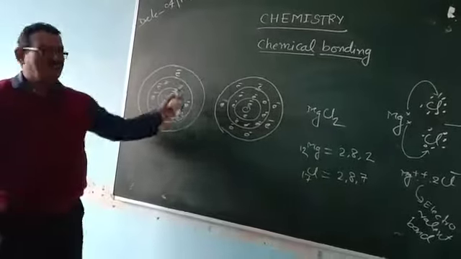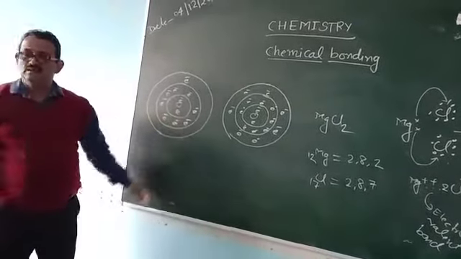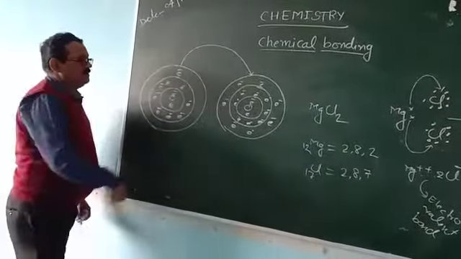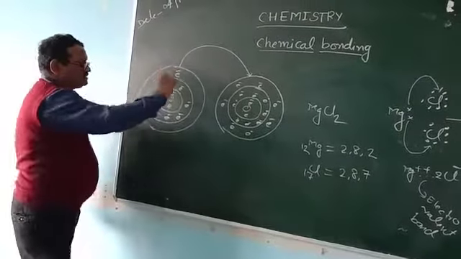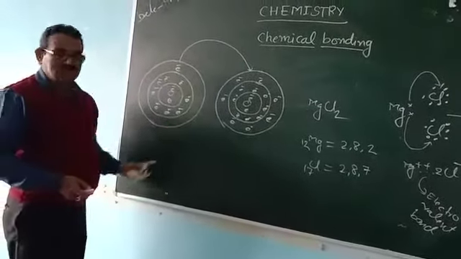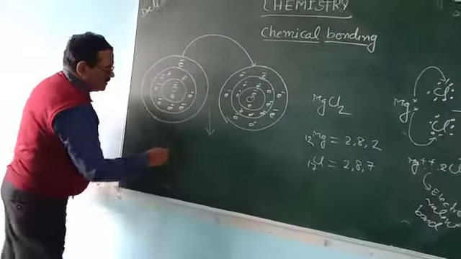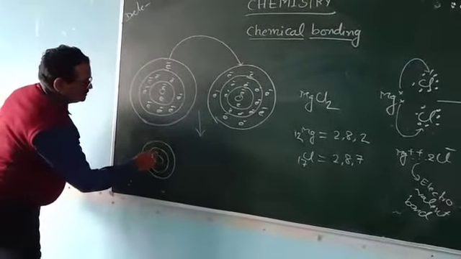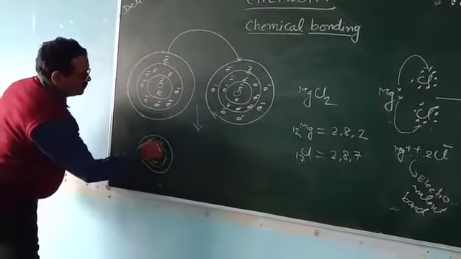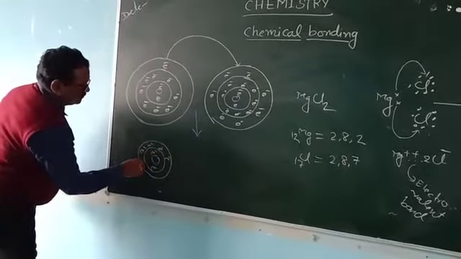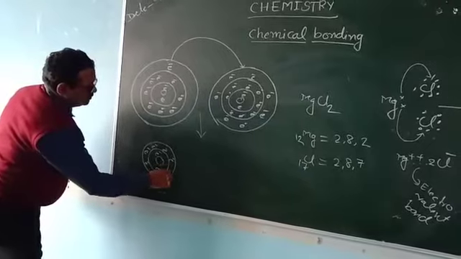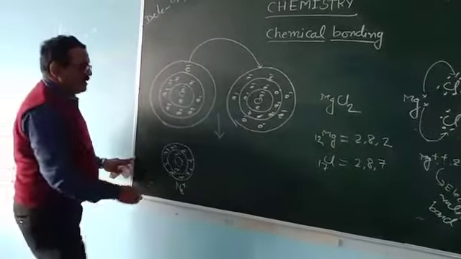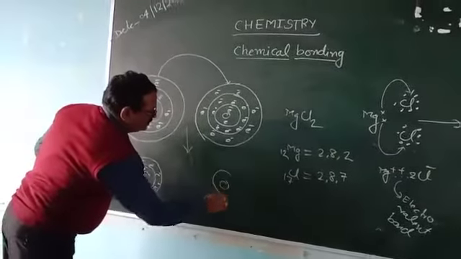You see from the shell structure here that 1 electron is released from this here, and it completes its octet. Then 1 electron lost means 1 shell is lost here. After this phenomenon, it is transferred into this type of structure: only 2 electrons, this is 2 electrons. This is your sodium ion, the shell structure of the sodium ion.